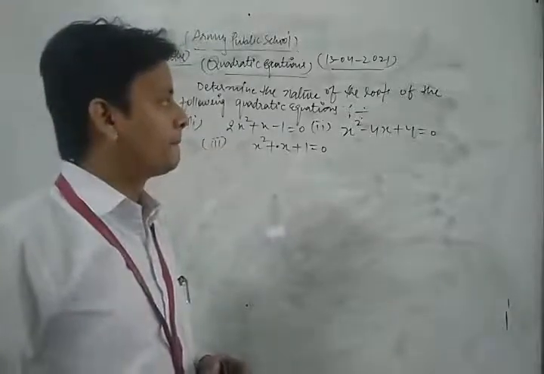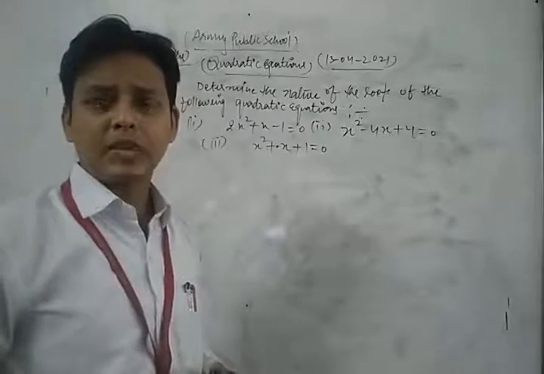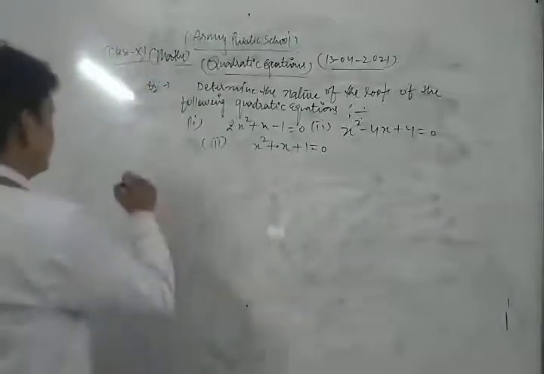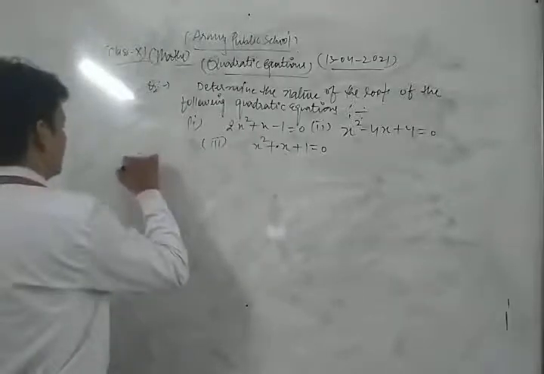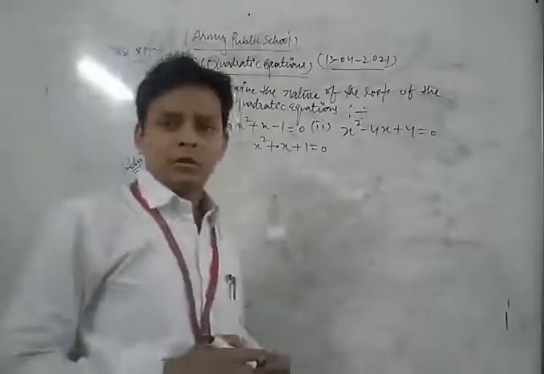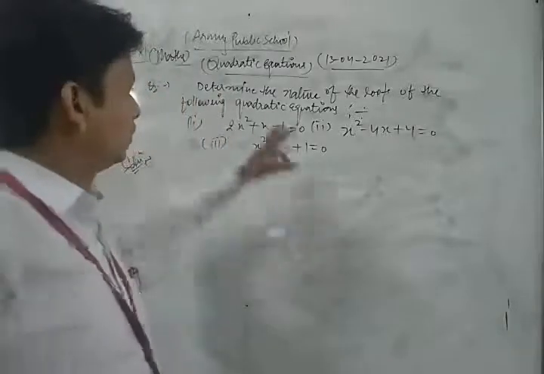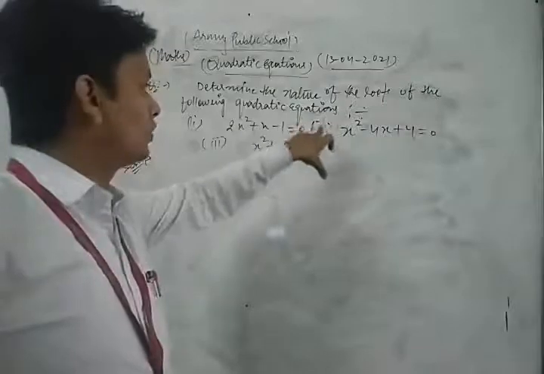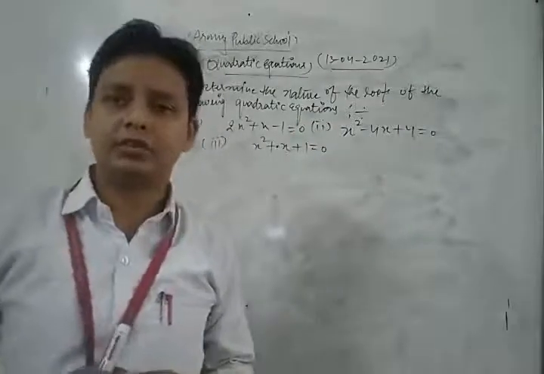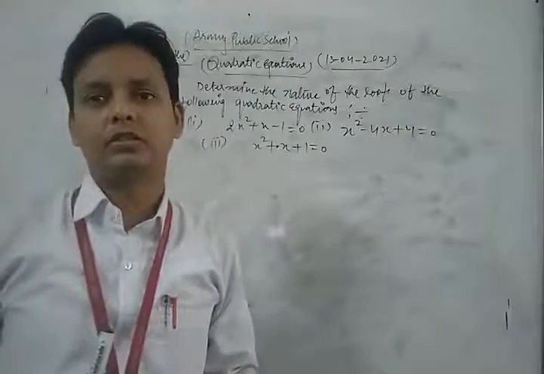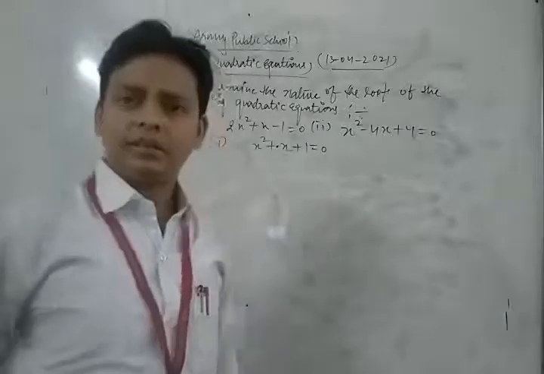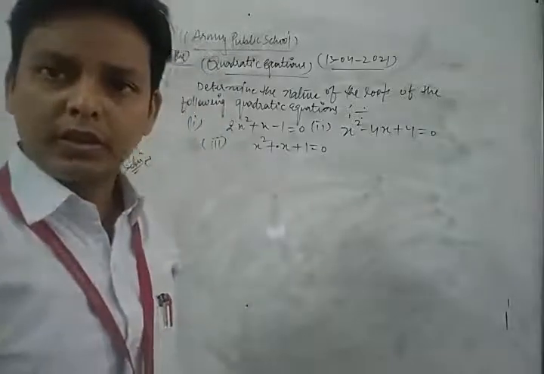Our question is, we determine the nature of the roots of the quadratic equation. As I discussed, the nature of the roots of the quadratic equation depends on its discriminant. Okay, so let's see.